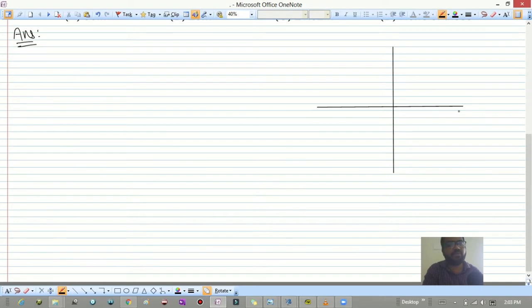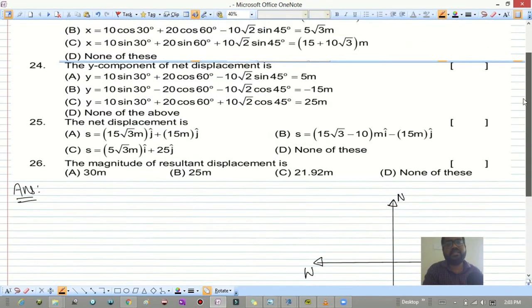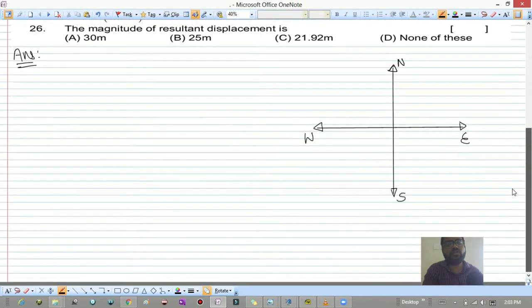As you can see over here, east, north, west, south. It is saying 30 degree north of east indicates from east towards north 30 degree.